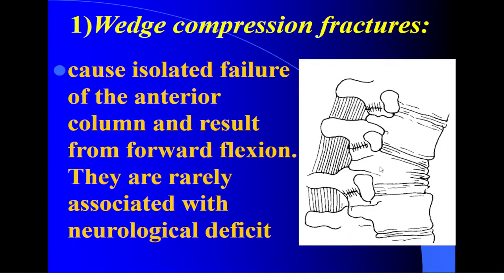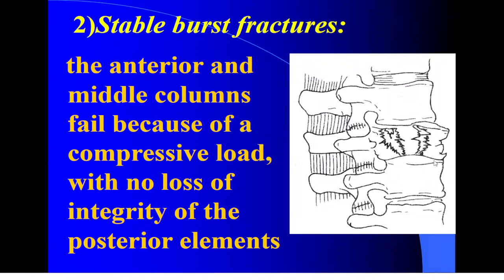In both cases, we have injury only of the vertebral body. And if you have an isolated injury of the anterior column, or an isolated injury of the posterior column but the anterior is still intact, in that case we are talking about stable injuries of the spine.